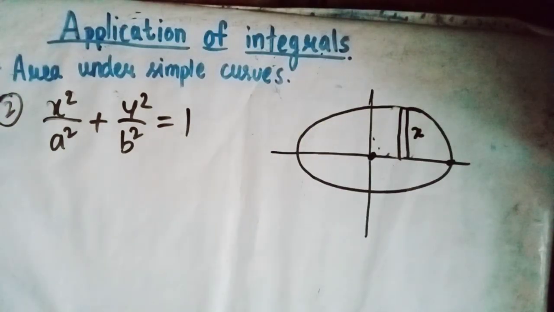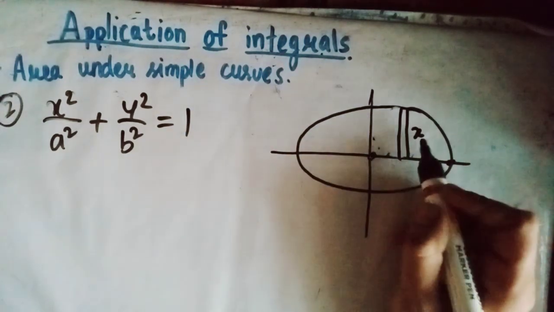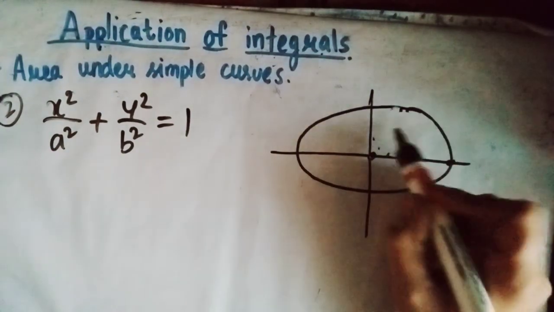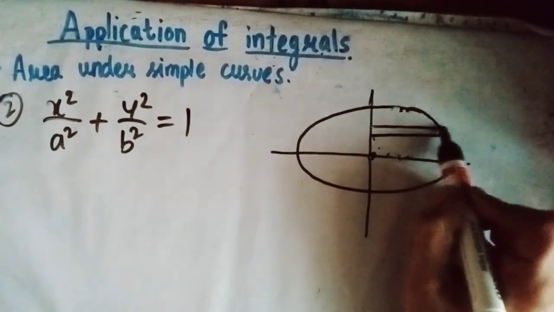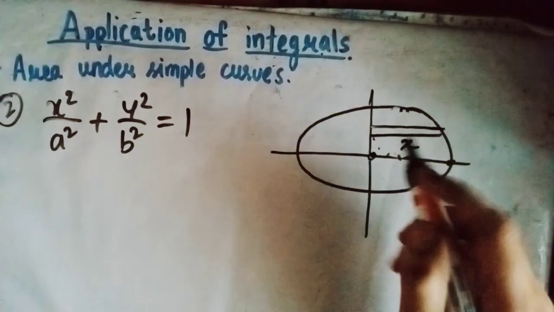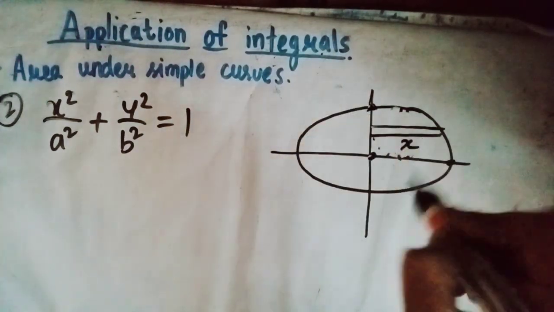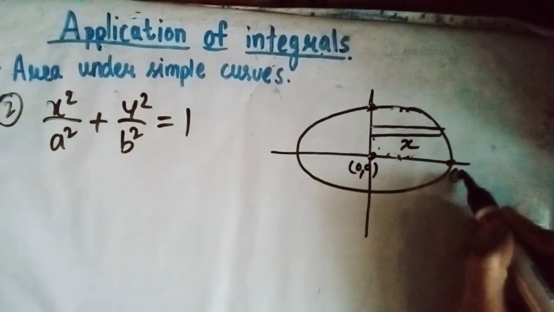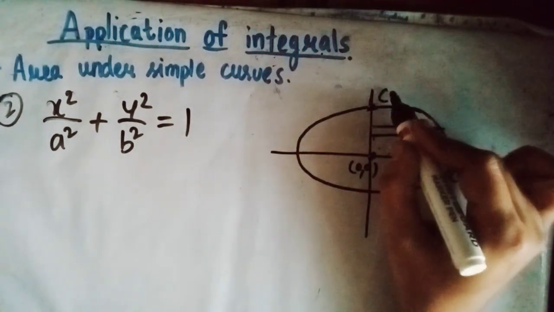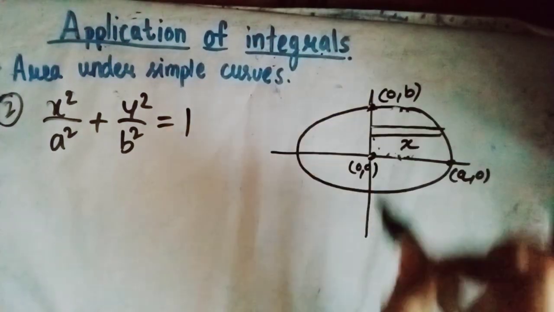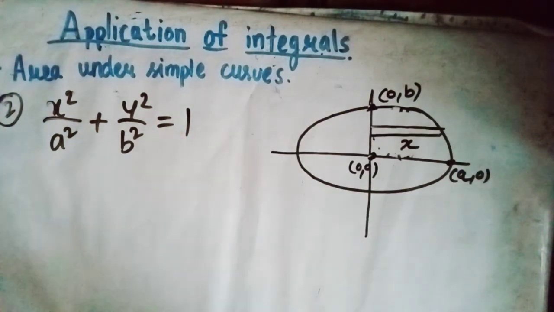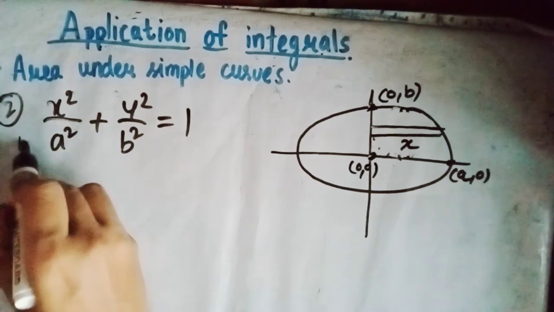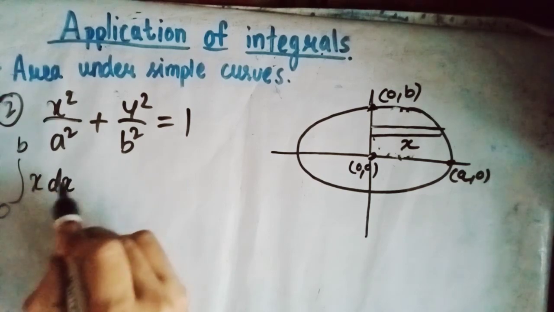Now you have to see the y limits. This point is (0, 0), this point is (a, 0), and this is (0, b). So the y limits are 0 and b, so this becomes the integral from 0 to b of x dy.